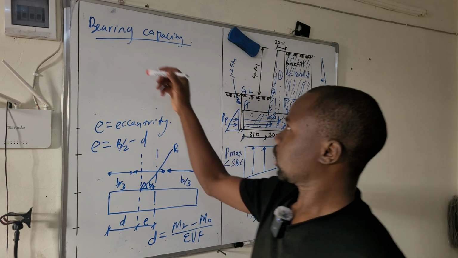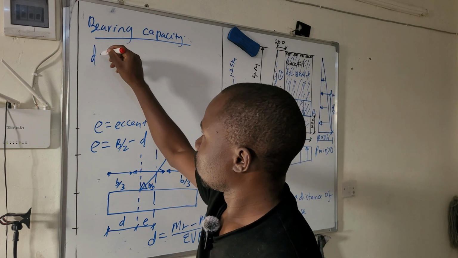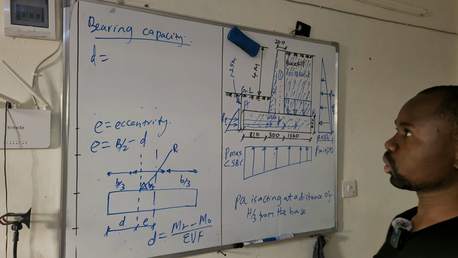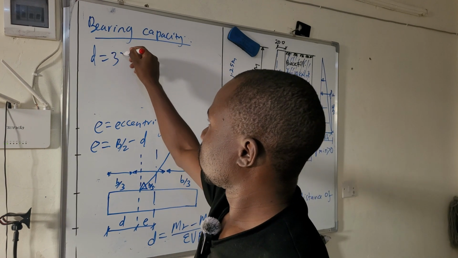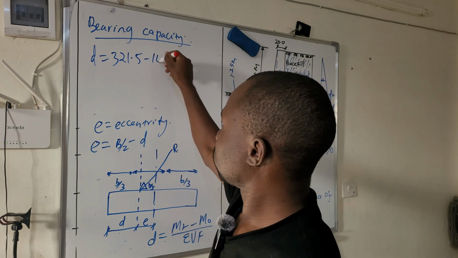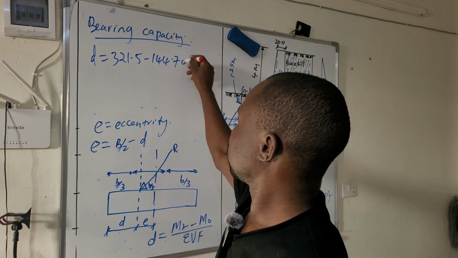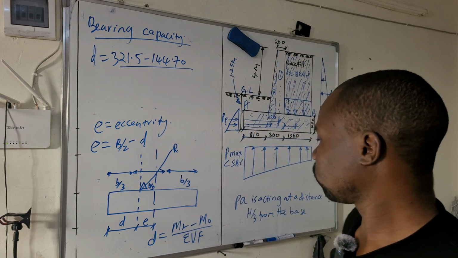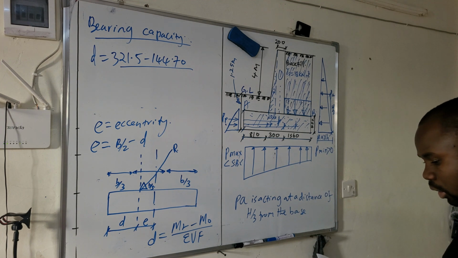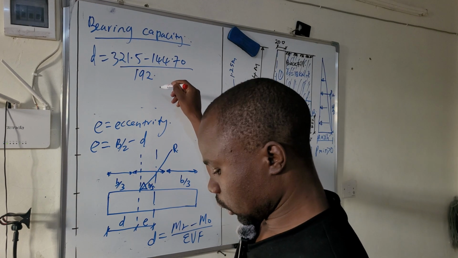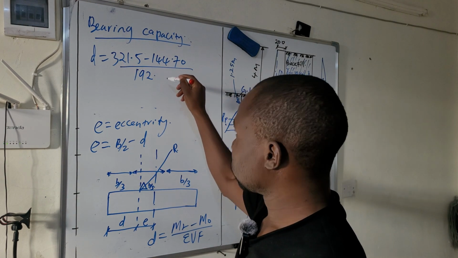So D is equal to moment of resistance, 321.5, minus 144.70, over the summation of vertical forces, which is 192.38.